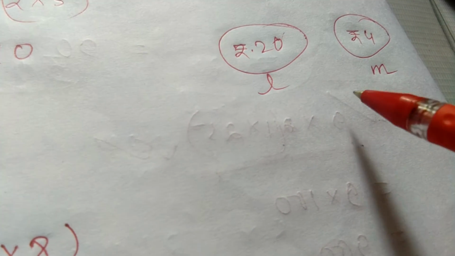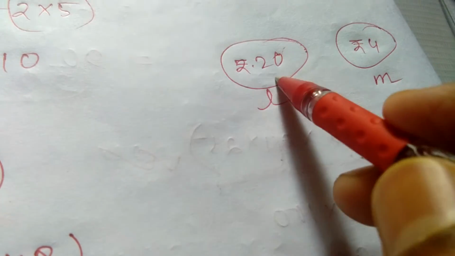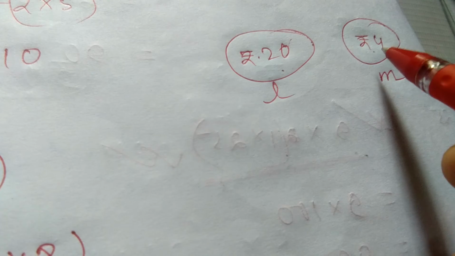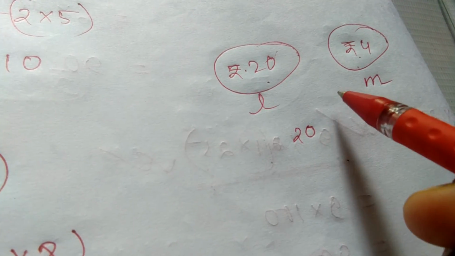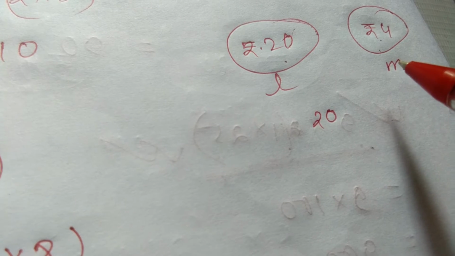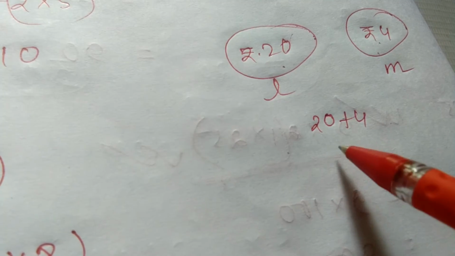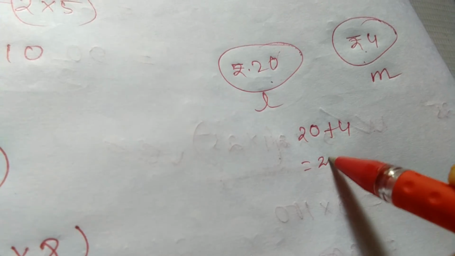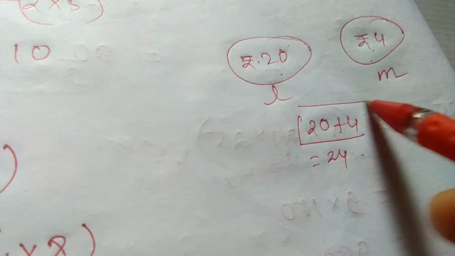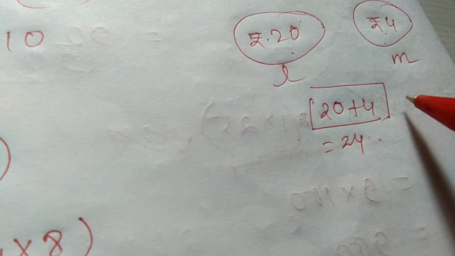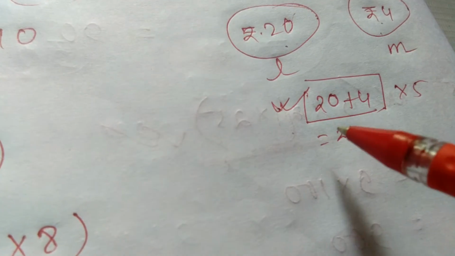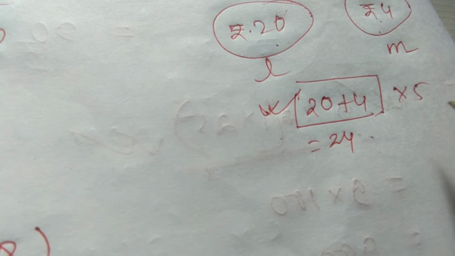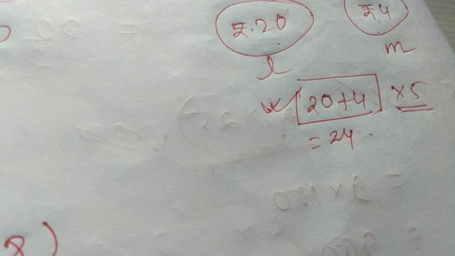So we can write easily. 20 and 4 for each day, that means one day. For one day, the total cost is 20 plus 4, that is 24, right? So we have to add them and then multiply for 5 days, because this is the cost for one day and we have to find the cost for 5 days, that means into 5.